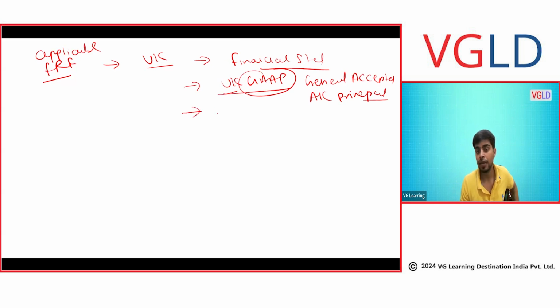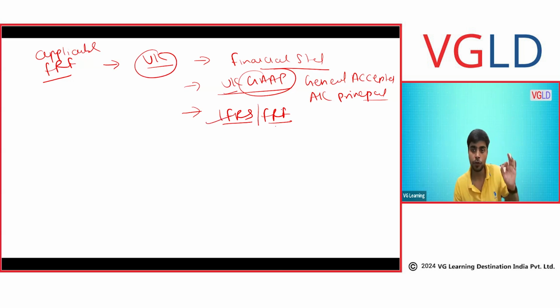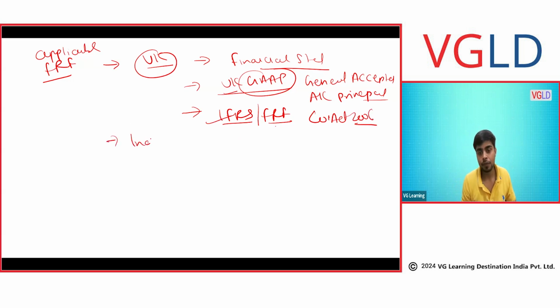What is UK GAAP? In this case, IFRS and FRF, basically Financial Reporting Framework. So if I talk about a UK company, they are supposed to follow IFRS for the UK as per the Companies Act 2006. What about India? India basically follows Ind AS or accounting standards.